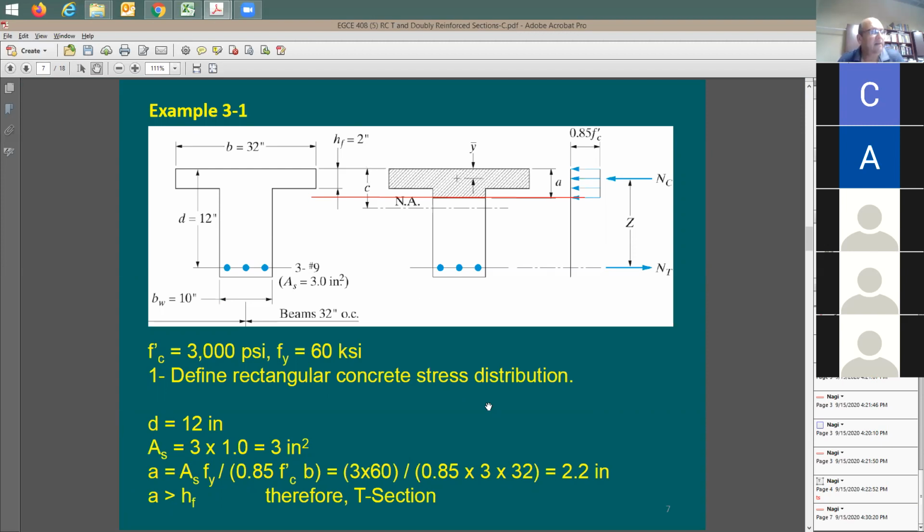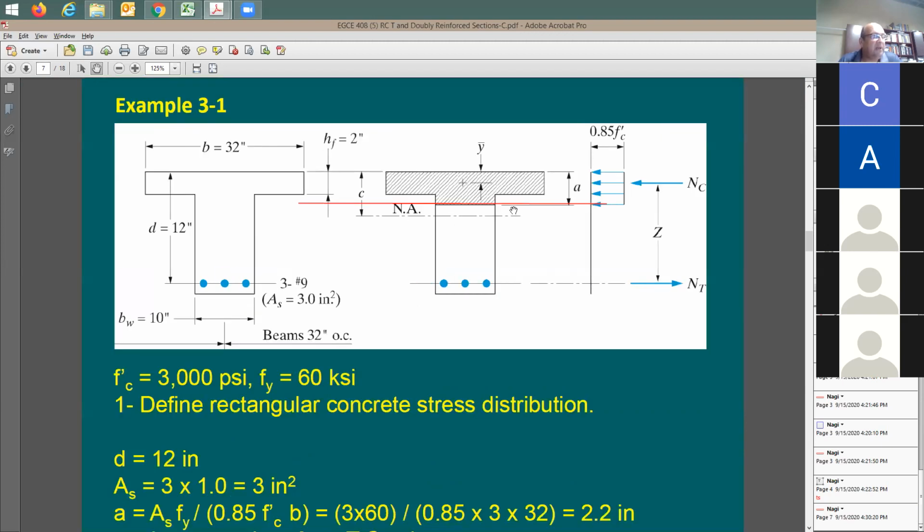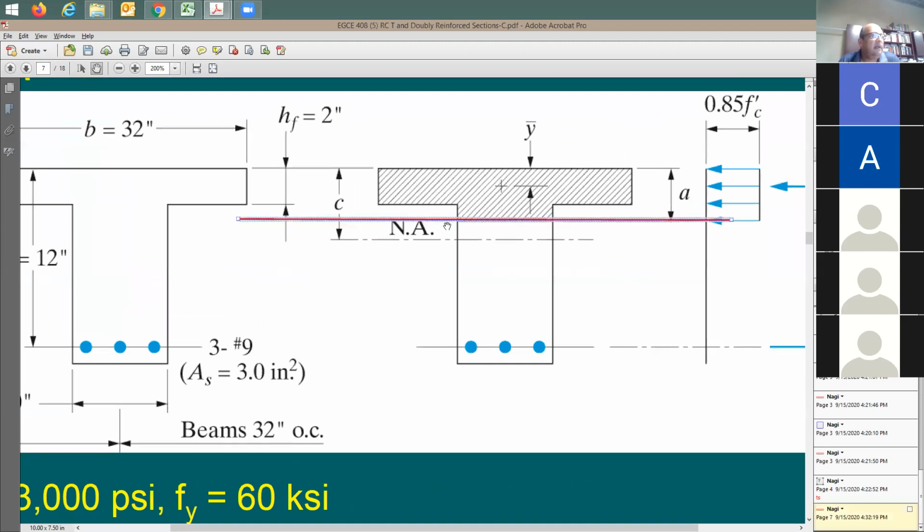Now the depth of the compression block is equal to 2.2. Slab thickness is 2 inches. Then this picture makes sense. A is going to be slightly deeper than hf, the 2 inches. So this little distance from here to there is 0.2 inches. So I really have a T section.